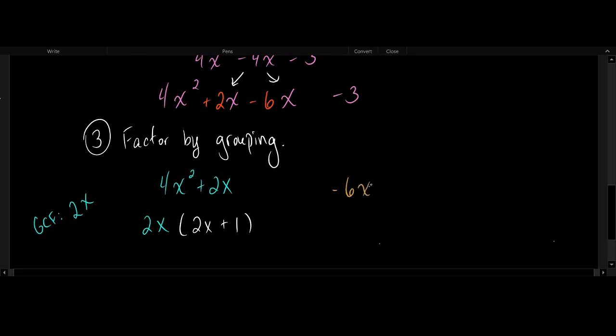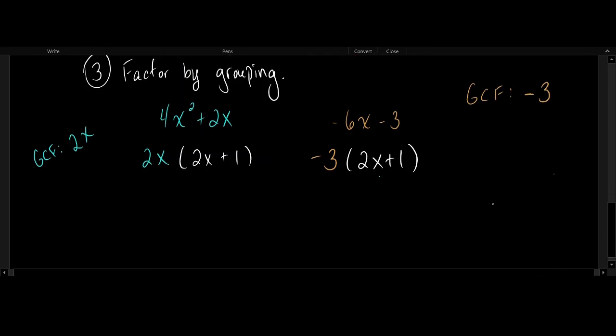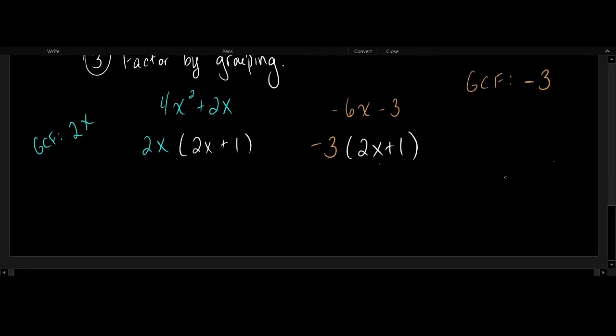Negative 6x minus 3. What is the greatest common factor of these 2 terms? Well, both 6 and 3 have a 3 in them, and they also both have a minus sign. So I'll factor out negative 3, leaving behind 2x plus 1. Now notice what's happened, and this is very important.